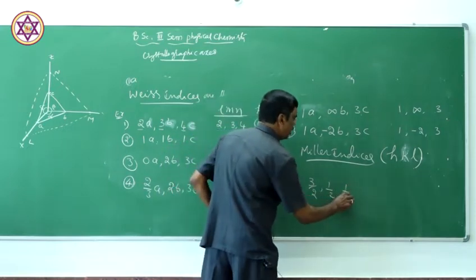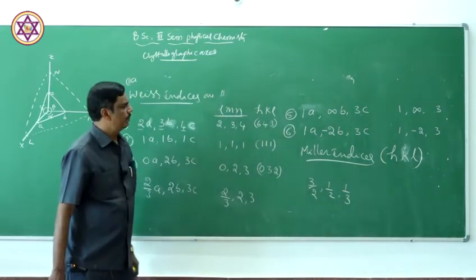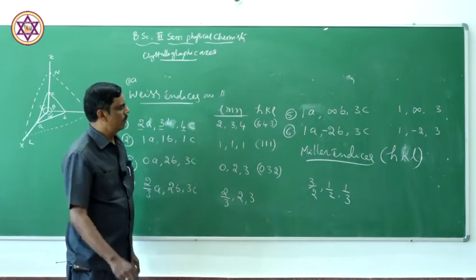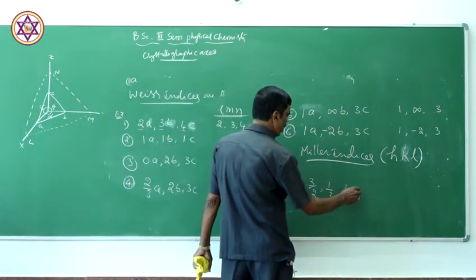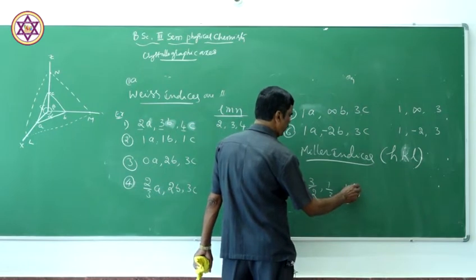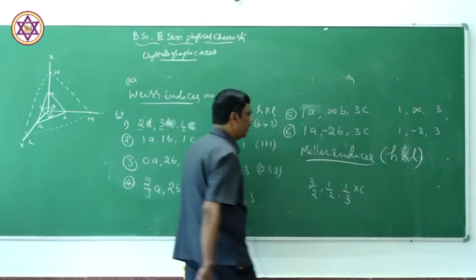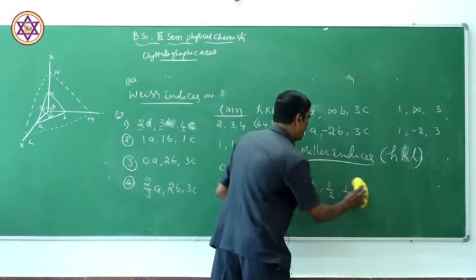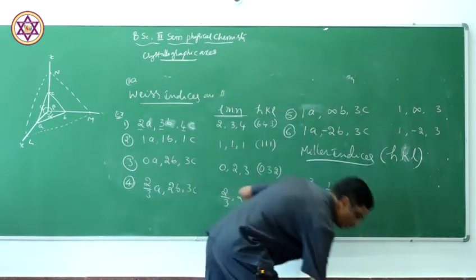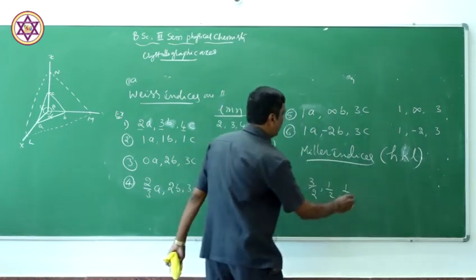Reciprocal of 3 is 1 by 3. Convert that into a whole number. Let us convert that in 2 steps. First, you multiply this by 2.